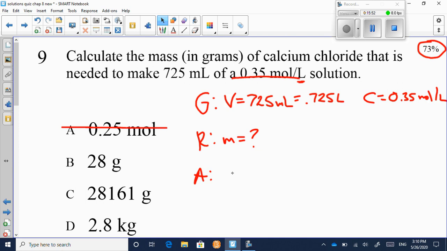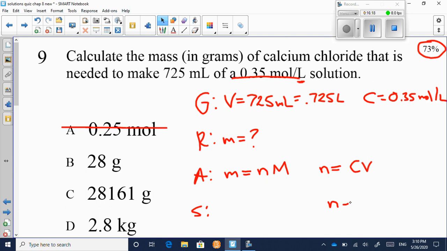Okay, so this is going to be another one of these double equation ones. First of all, I know I want to get to M is equal to the number of moles times the molar mass. So I'm going to have to get the number of moles by going N is equal to C times V, which is just a rearrangement of the concentration formula. Well, let's sub and solve into that.